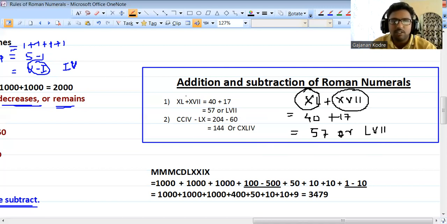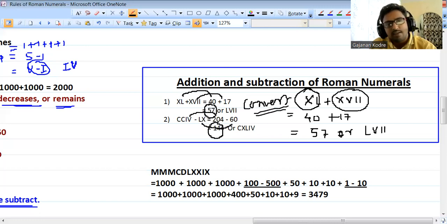You just simply convert the Roman numerals into Indian numbers, then add or subtract, and whatever the sum or difference is, you need to convert that answer again to Roman. So everywhere it is converting, either Indian numbers into Roman numerals or Roman numerals into Indian.